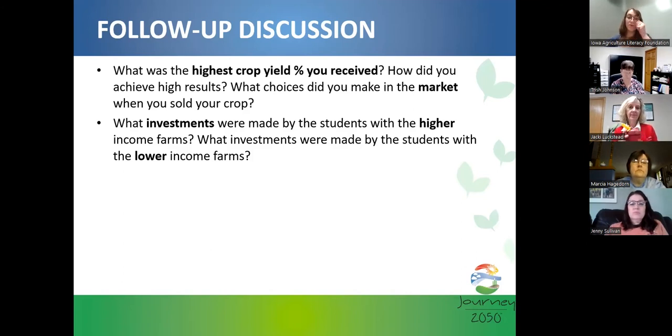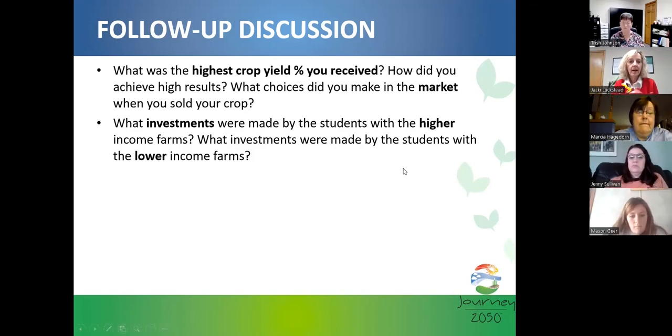Okay, so those that made investments, what did you invest in? How did you make those decisions? How might it have impacted your sustainability? I invested by buying some of my neighbor's land because I had enough money. There you go.